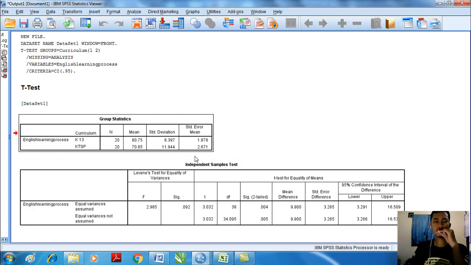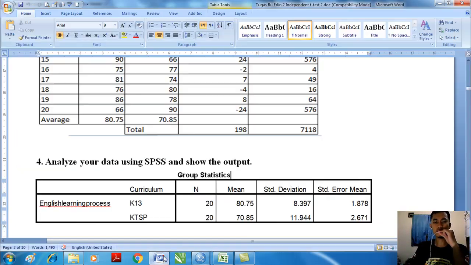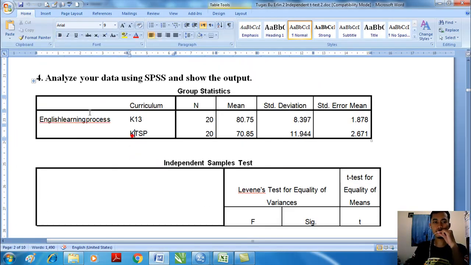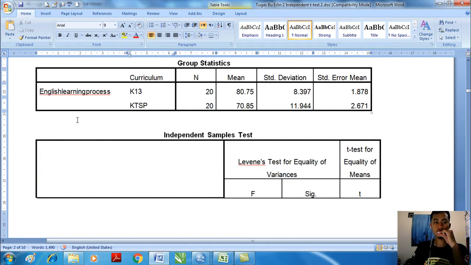After analyzing the data and solving the output, this one I already solved. This one curriculum, English language scores, and the total 20. The means for K13 is 80.75 and KTSP is 70.85. So it means that there is a difference between K13 and KTSP.